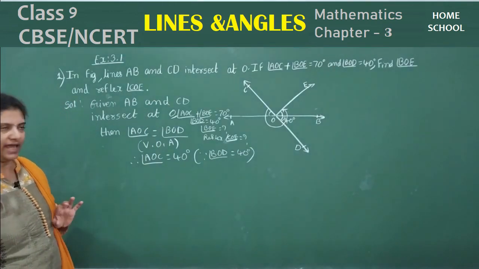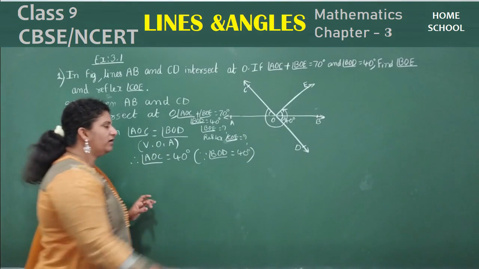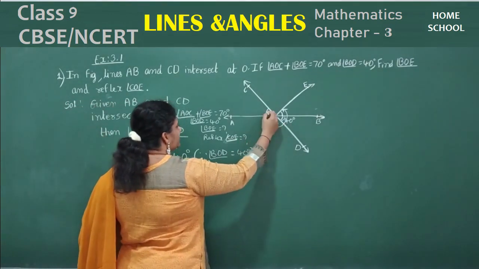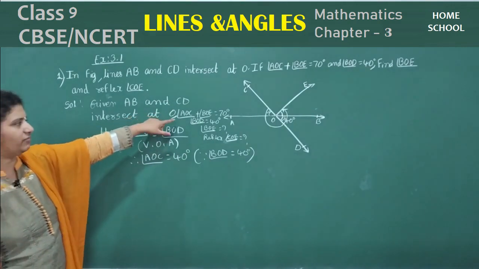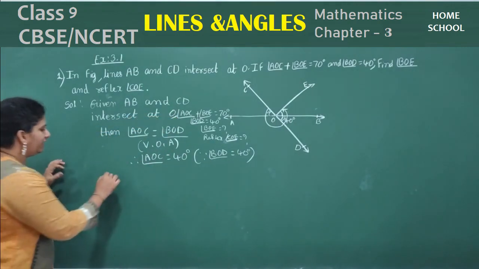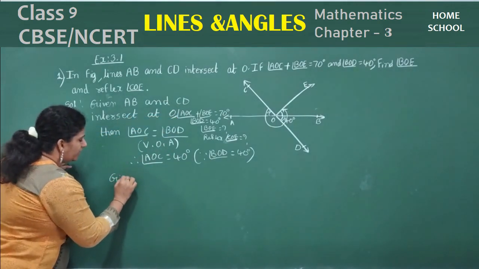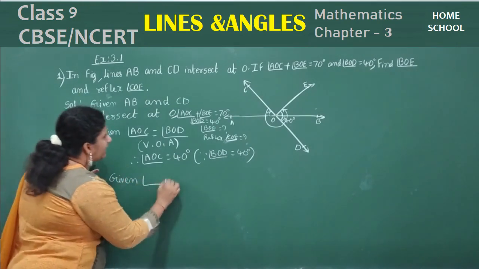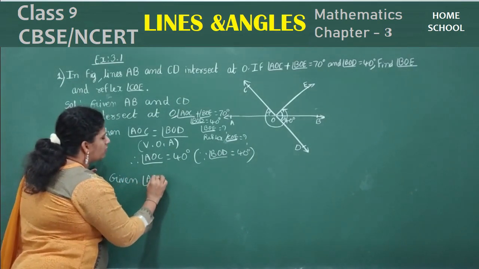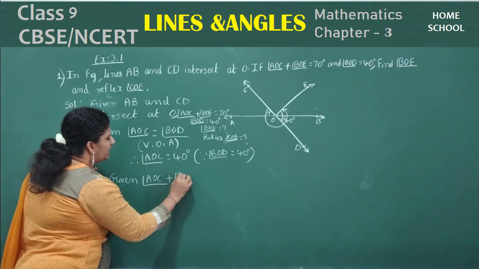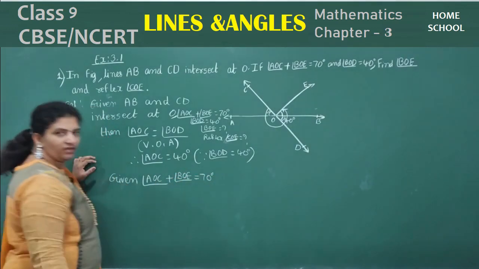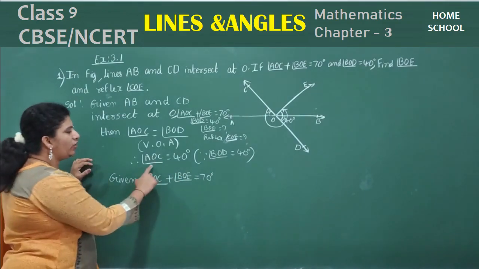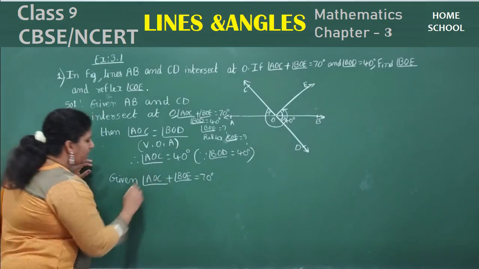Okay, so now what did we get here? This is 40 given. This is 40 we got. Right. Now let me take this statement here. Given angle AOC plus angle BOE is equal to 70 degrees. Right? But we know AOC is how much?